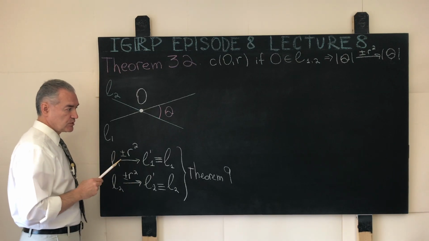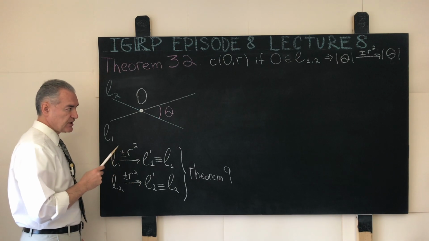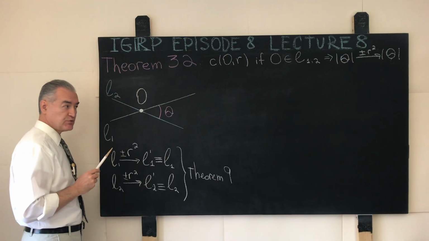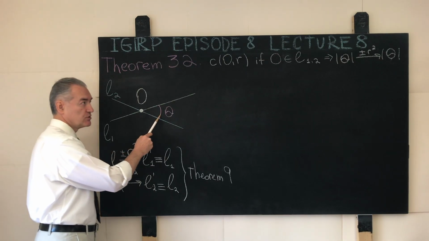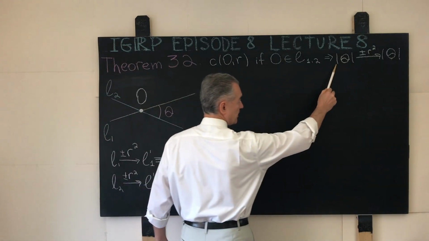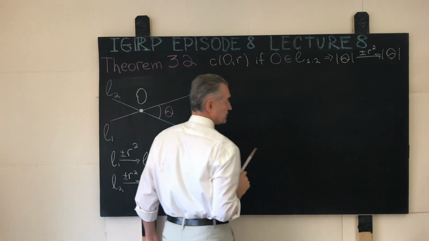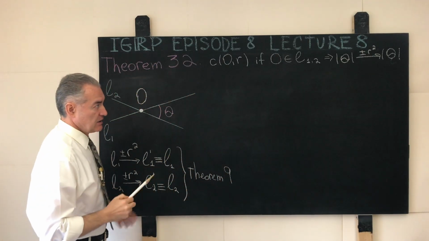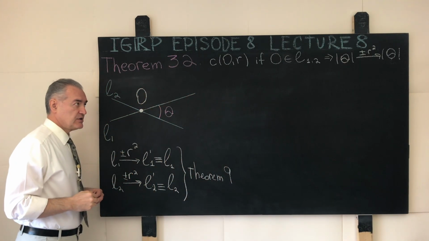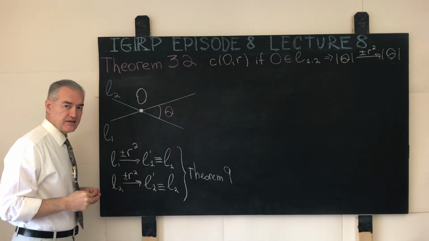Again, I want to emphasize one more time that when we're discussing all these theorems, what is preserved is the magnitude. I capture the magnitude with the absolute value sign just to make sure that this is the property of an angle that is captured.